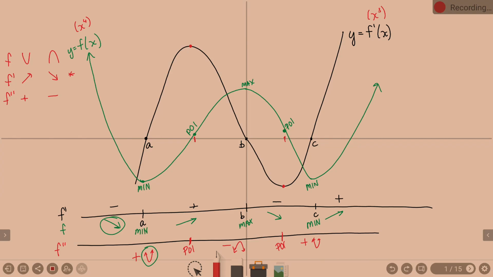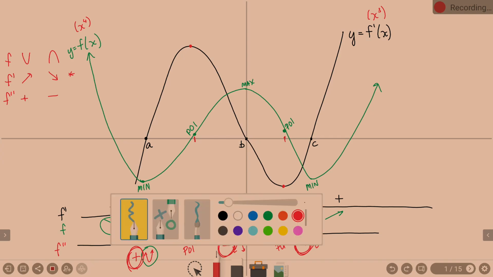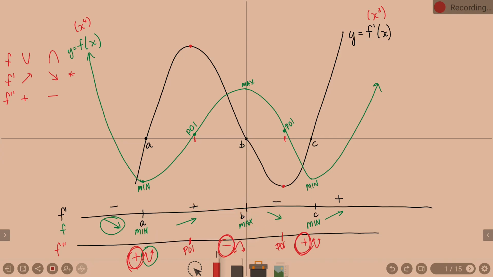So my second derivative is very possibly going to look like a parabola. Now, we're going to use these pieces right here. What I know is that my second derivative is positive, then negative, then positive.